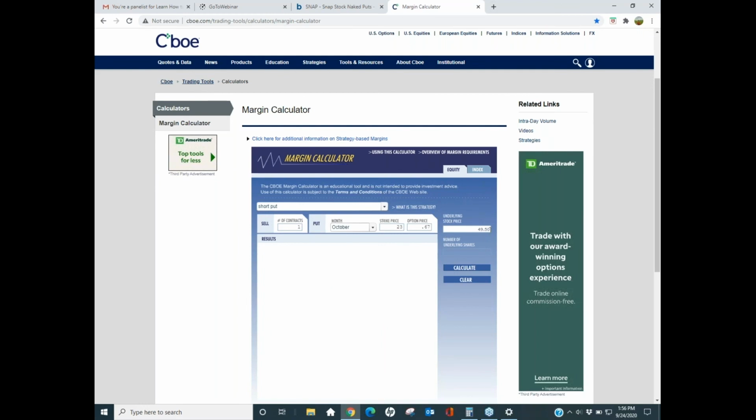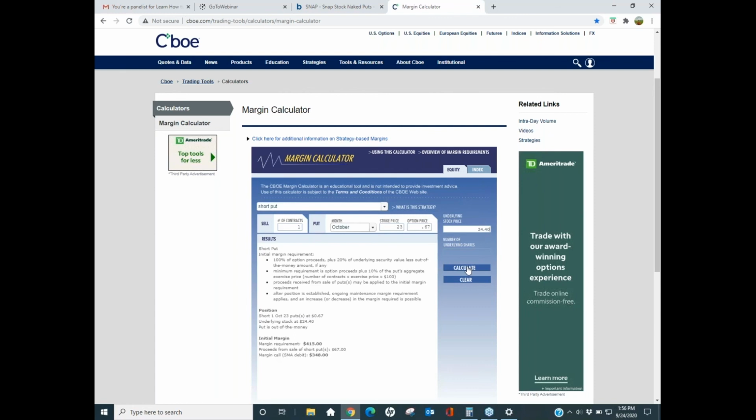And our current price was, I believe, $24.40. Calculate. And according to the exchange, right, we're going to take in 67 cents. Our strike price is at $23, right? The underlying stock is at $24.40.